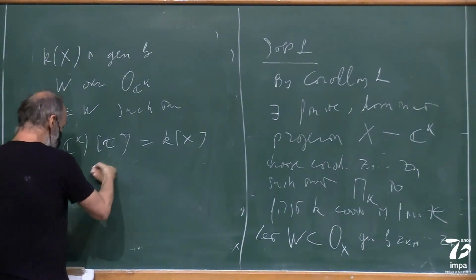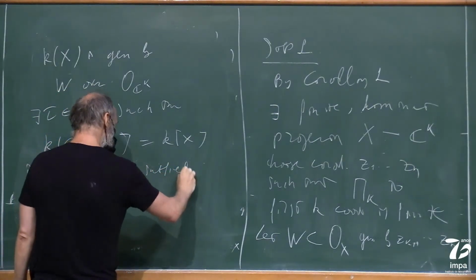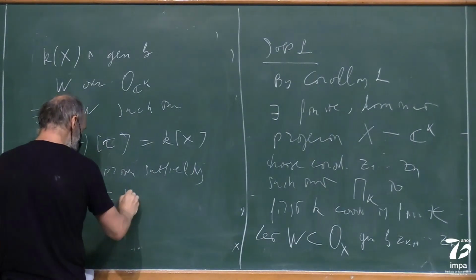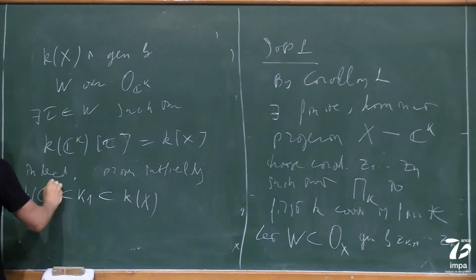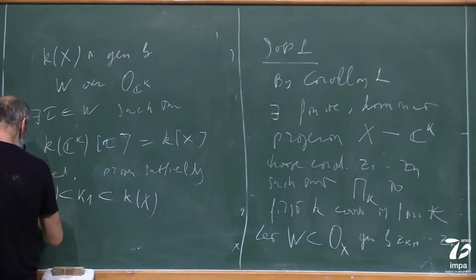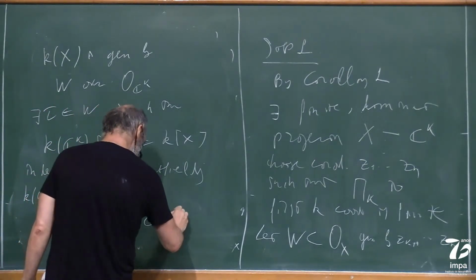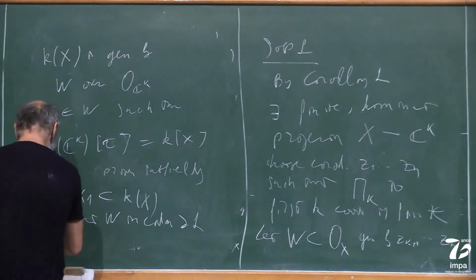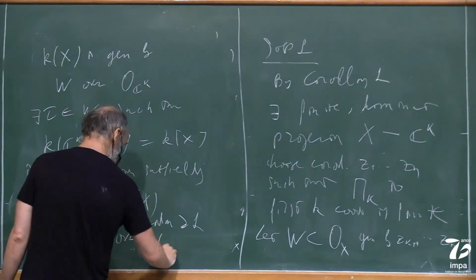So W generates this. And then, indeed, you have intermediate proper subfields K_i between K(X) and K(C^k). This is a finite extension, so there are finitely many proper subfields.